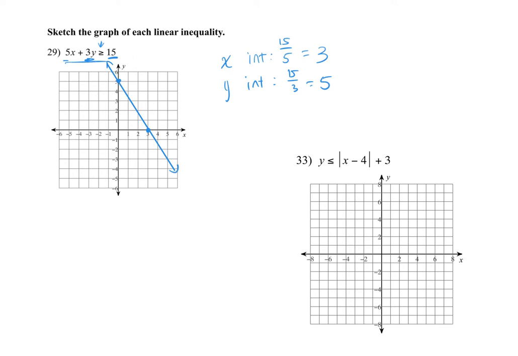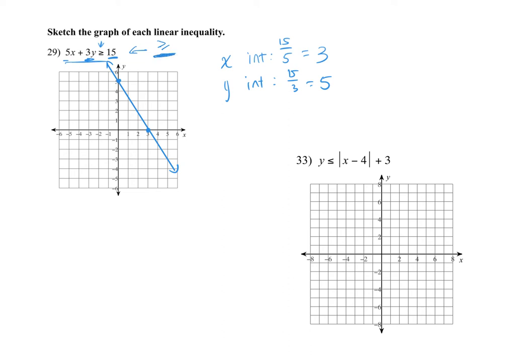And then I just have to decide if I'm shading above the line or below it. Now this is a greater than or equal to, and there is a positive in front of my y. If there's a positive in front of your y, that greater than or equal to would not flip if you were to put it in slope-intercept form, because you're dividing by a positive, okay? So you can assume it's going to stay just like that.